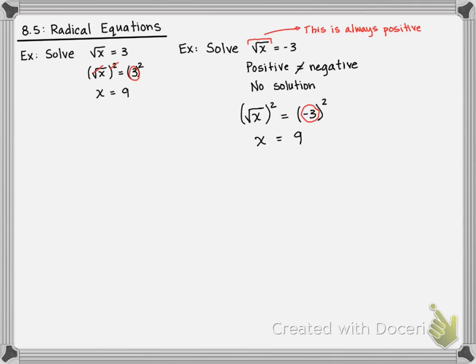And so the possibility exists when you square both sides that you started with something that was never ever true, even though you can square both sides and get what looks like a solution. The way we're going to check for that is, once we get that radical isolated on one side of the equation, we're going to look at whether the other side is positive or negative, because if it's negative, we can throw the solution out.